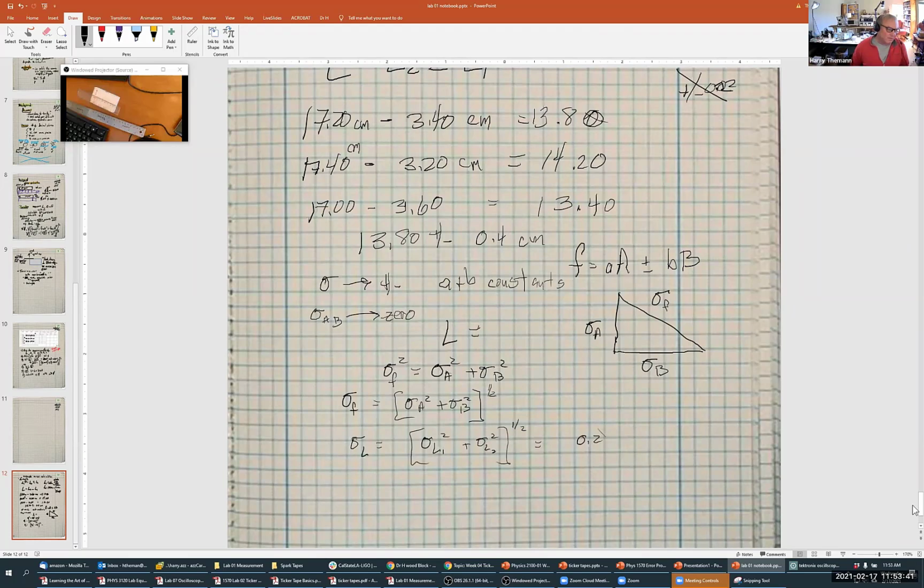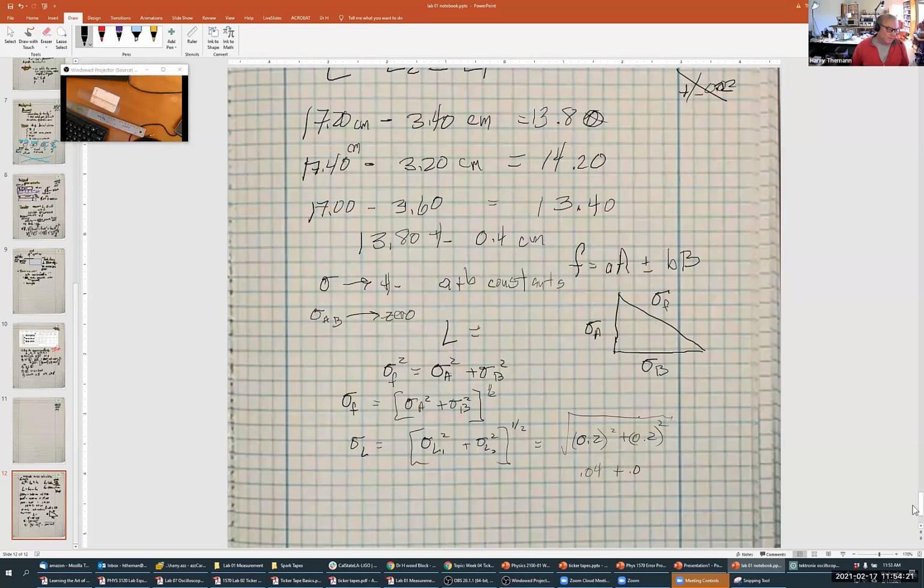So that's 0.04 plus 0.04, and so it becomes 0.08, square root of 0.08. And so then we just take our calculators, .08 square root, and it becomes 0.28.